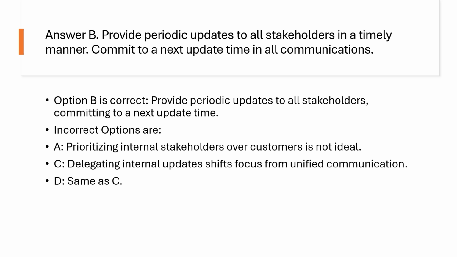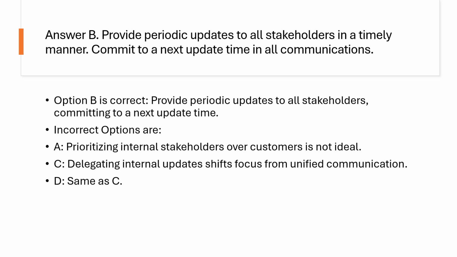Option A. Focusing on responding to internal stakeholders every 30 minutes neglects your customers. Customer communication is crucial during an incident. Options C and D. Delegating internal stakeholder emails misses the point of a unified communication strategy. You need to keep everyone informed consistently.